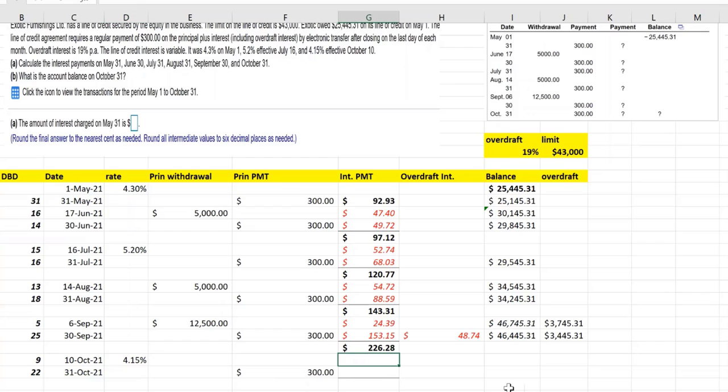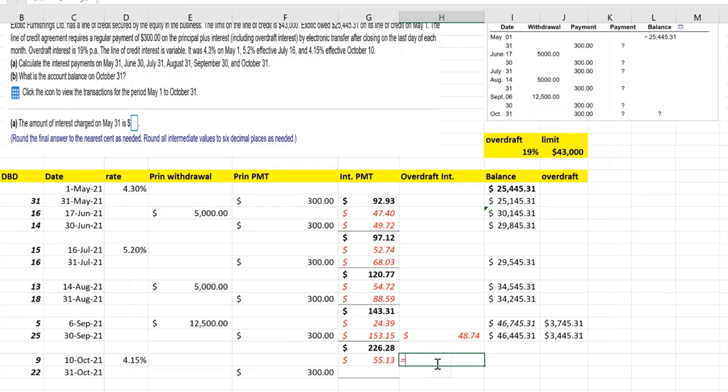So let's calculate it here, equals the new balance, which is $43,000, right? We're at maximum, times 5.2% times 9 days divided by 365, $55.13.